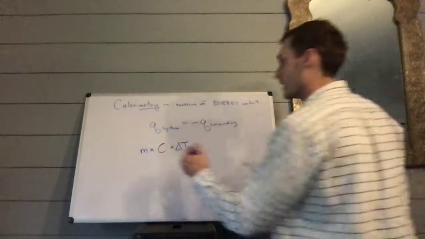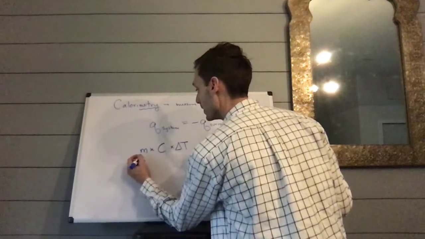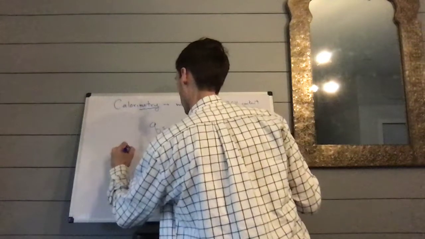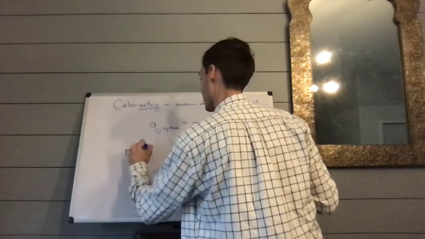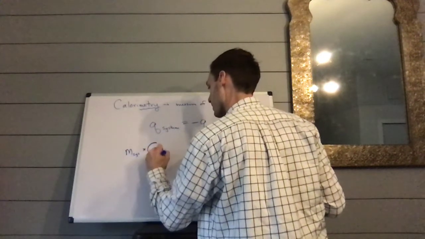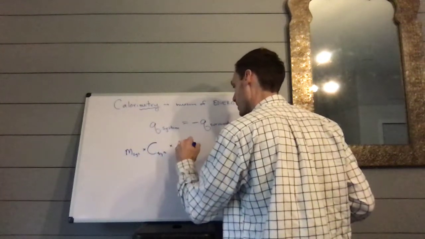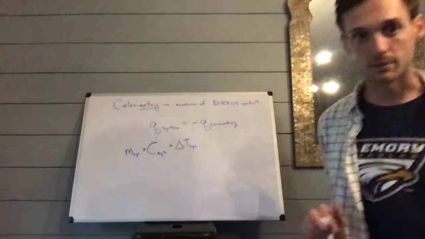Here on the left side, it would be the mass of the system times the specific heat capacity of the system times the temperature change of the system.